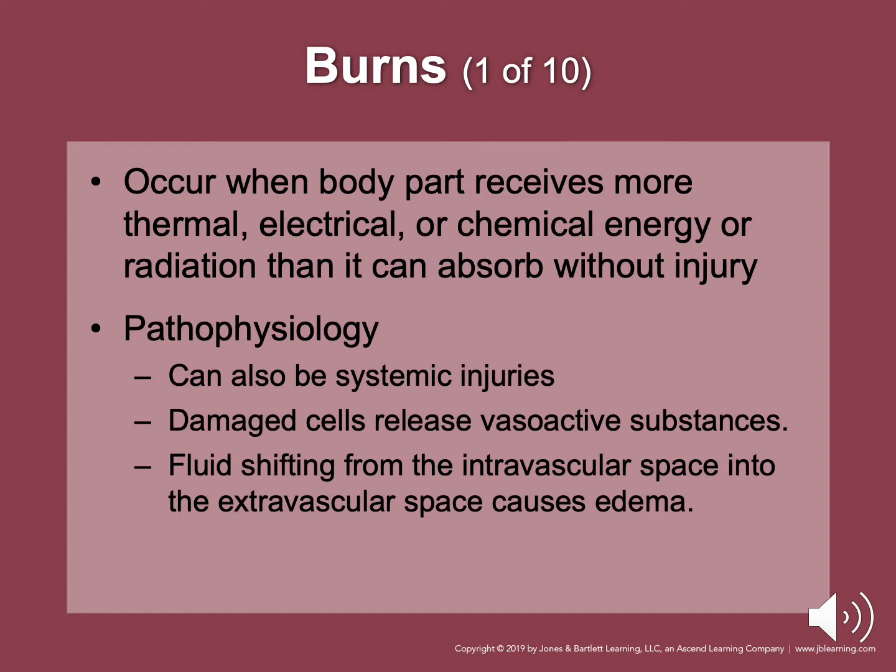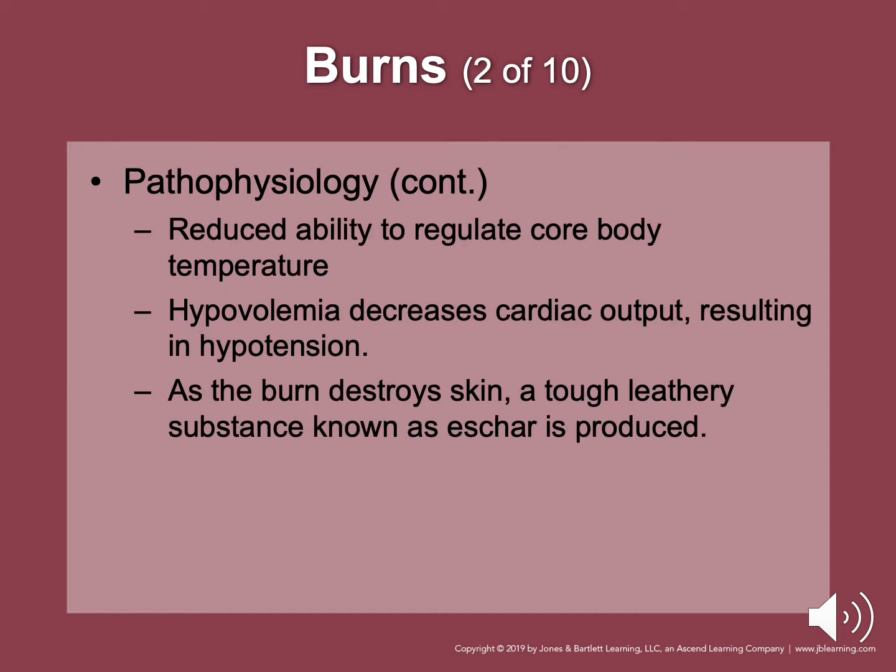Fluid shifting from the intravascular space into the extravascular space causes edema. There is a reduced ability to regulate core body temperature. Hypovolemia decreases cardiac output, and a tough leathery substance known as eschar is produced. So it can cause circulatory compromise and require an escharotomy.